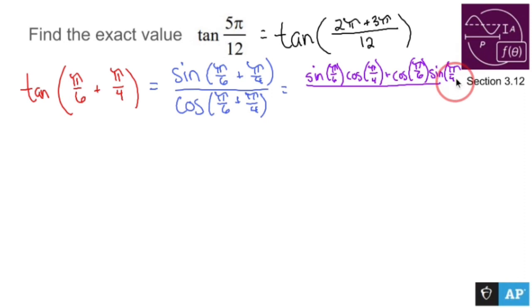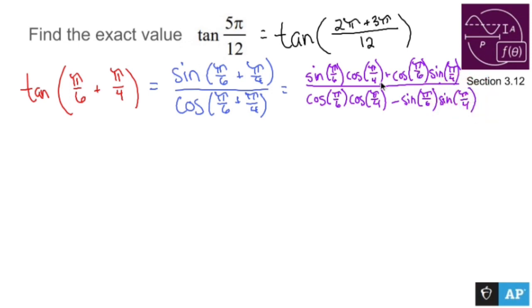Barely squeezed that in there. Cosine, if you're adding them, is going to be cos cos minus sine sine. So cos of the first, so cos of pi over 6, cos of the second, pi over 4, minus sine of the first, sine of pi over 6, sine of the second, pi over 4.